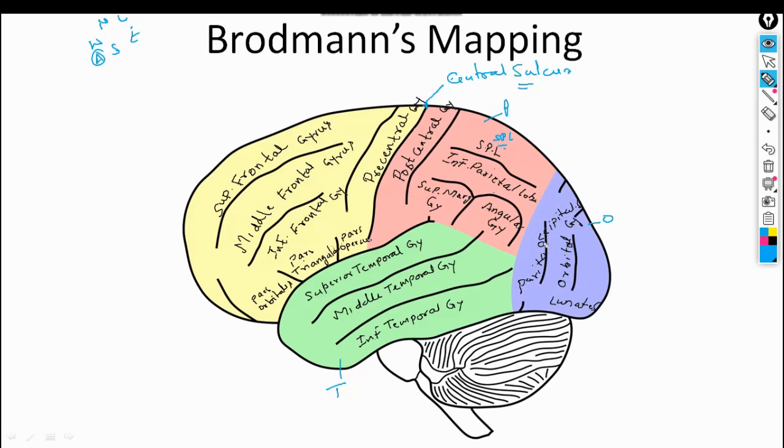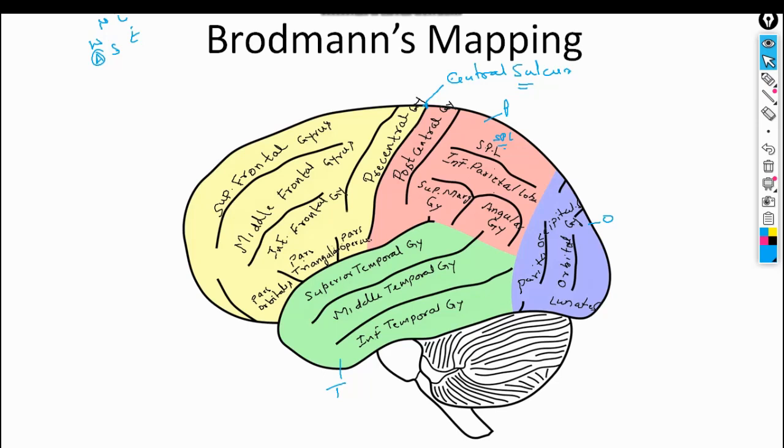Clear? Why am I reviewing all these important landmarks? Because in the coming slides we will talk about Brodmann's areas, and when you are writing in your paper about any Brodmann area, you have to define that area using these important landmarks.